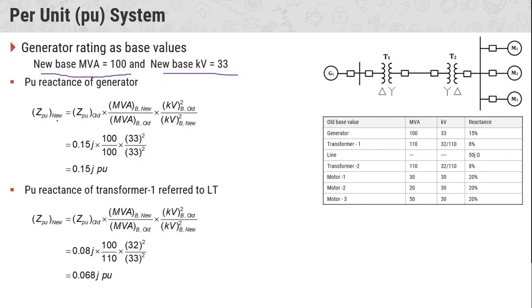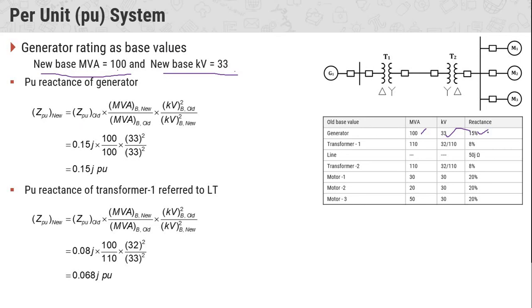Now ZPU new is equal to ZPU old into MVA new upon MVA old into kV old square upon kV new square. The new base is taken as the generator, 100 MVA and 33 kV, and the old is given as 100 MVA and 33 kV, and the reactance is 15%. So put these values in.